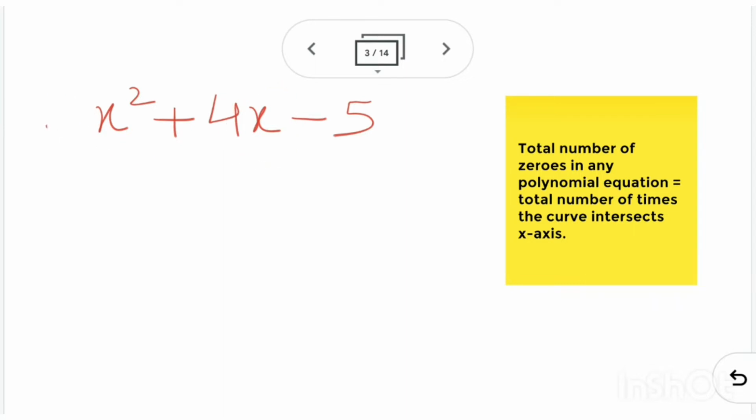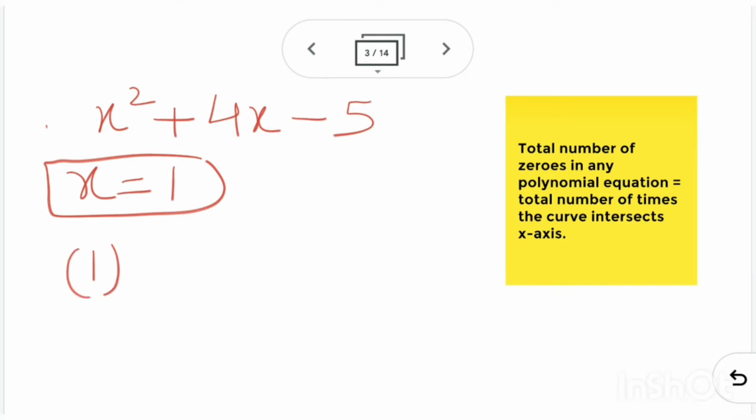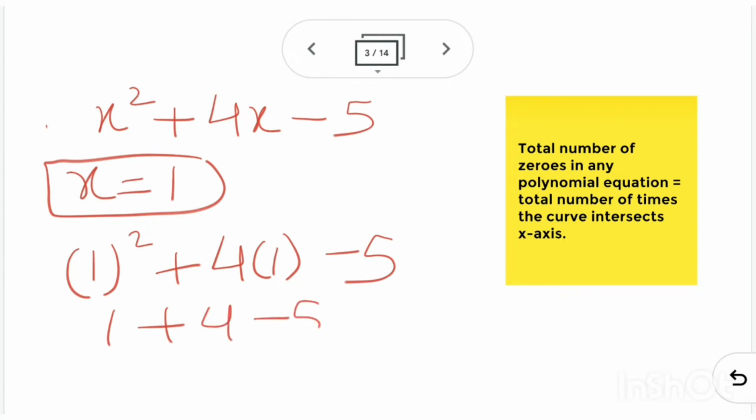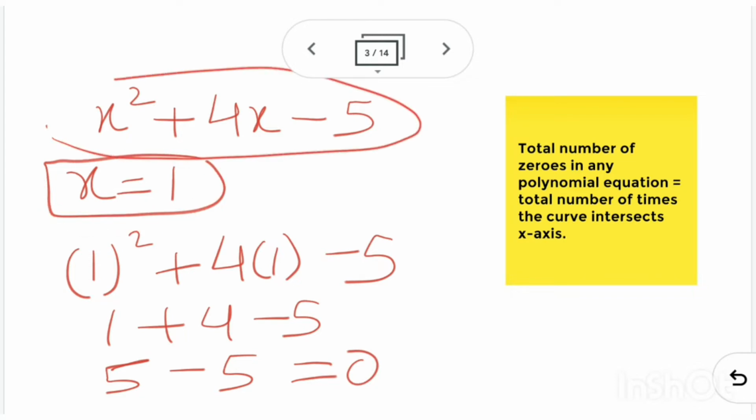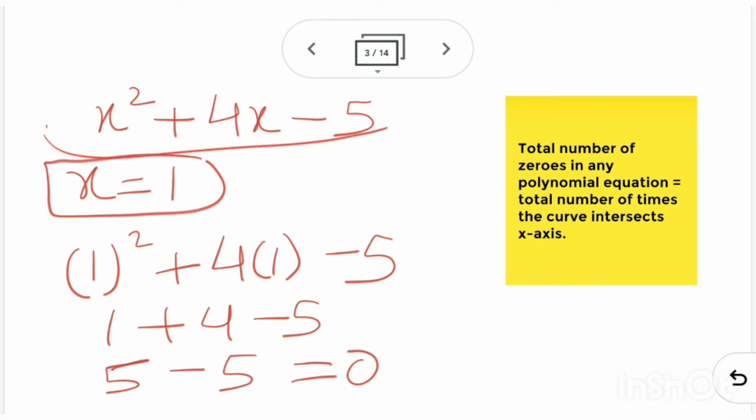If we put x equals 1, then by replacing x with 1 and after solving we get the solution equals 0. So x equals 1 makes this quadratic polynomial equal to 0. So x equals 1 is a zero of this polynomial.